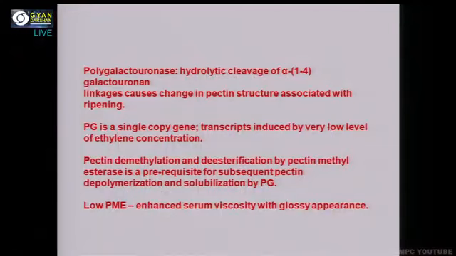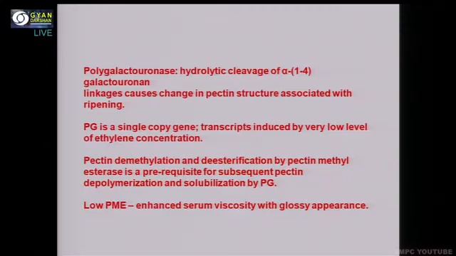Another gene which people have cloned, perhaps we have heard about the flavored sour tomato. What is flavored sour tomato? It is a genetically engineered tomato where the polygalacturonase gene has been downregulated. What is the function of this polygalacturonase gene? Polygalacturonase is a gene which degrades the polygalacturonic acid, which makes up the pectin.